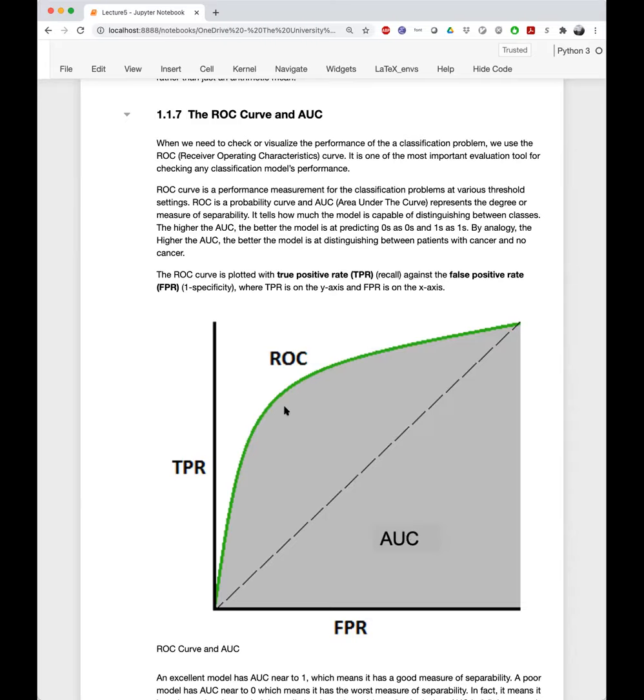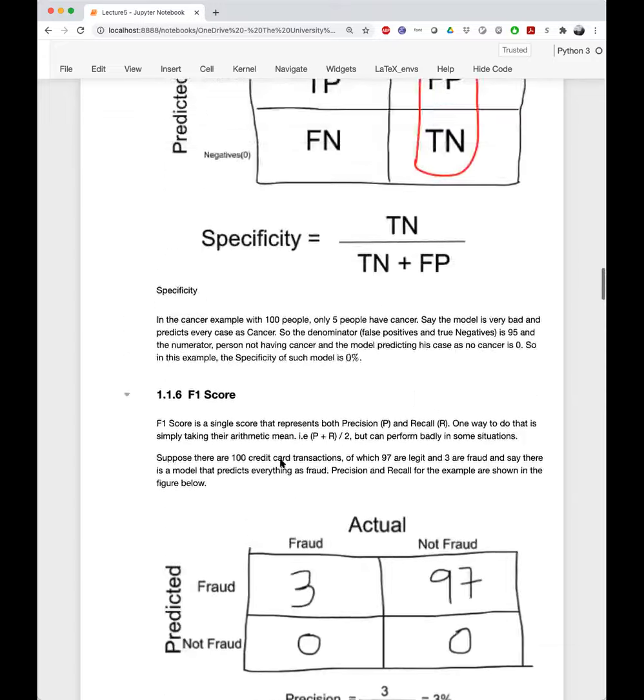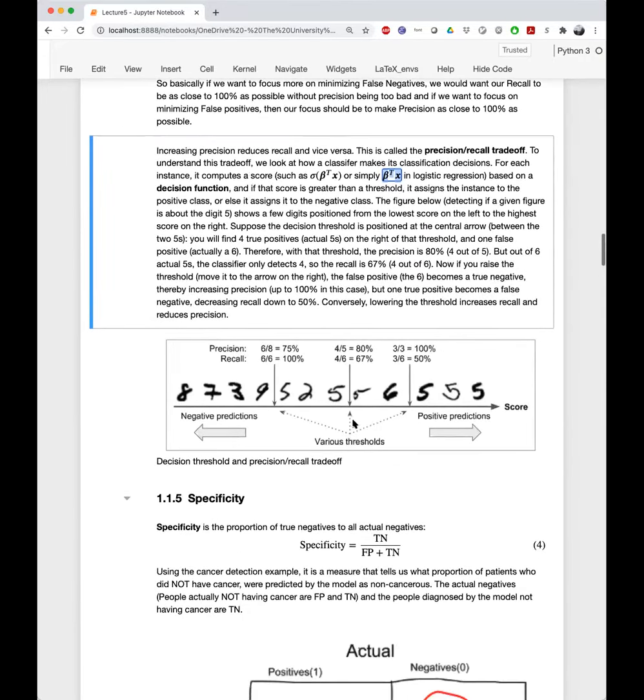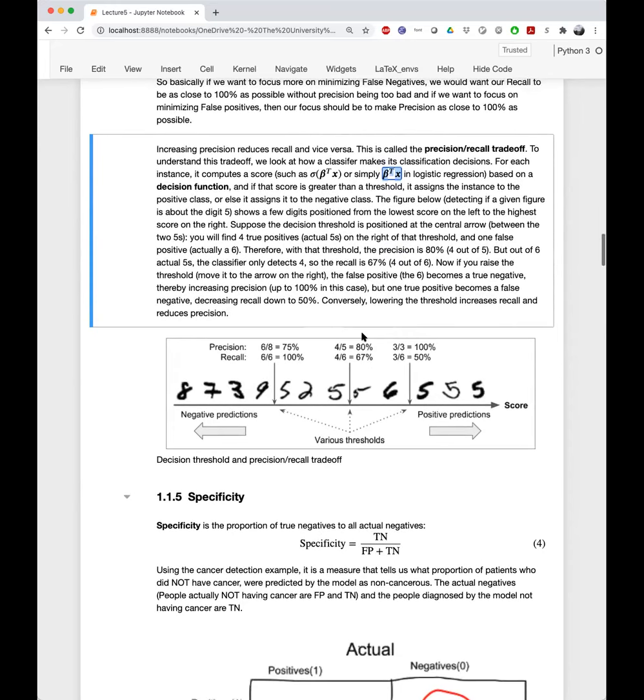And you might wonder, for each point on the curve, it's 1 minus specificity and recall. Why do we have so many recall values? This is because we are looking at different thresholds. Let's go back to this example here. For one threshold, you have a recall, and you will have a specificity, then you have 1 minus specificity, which is the false positive rate.